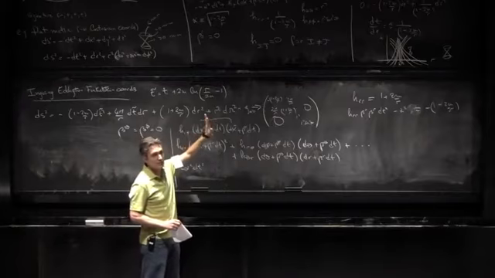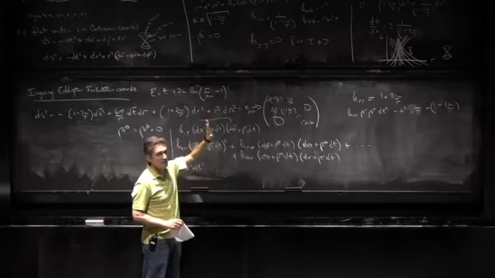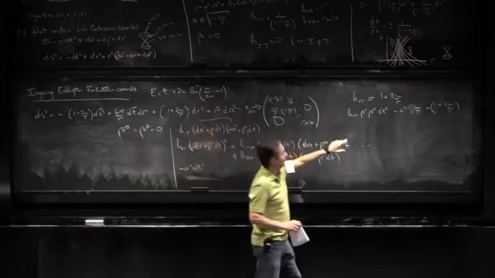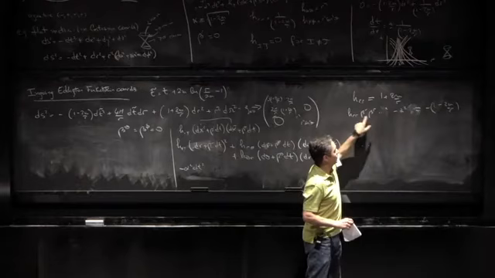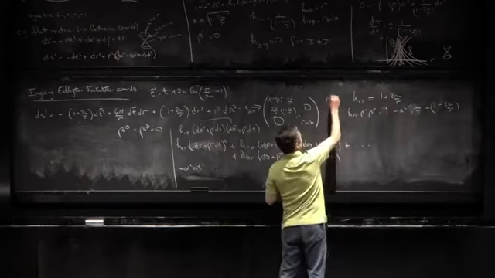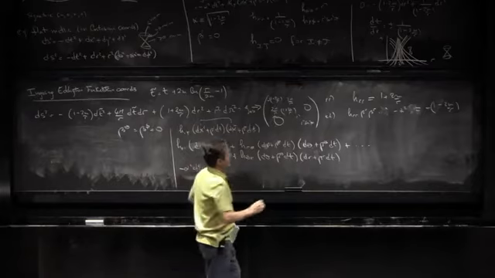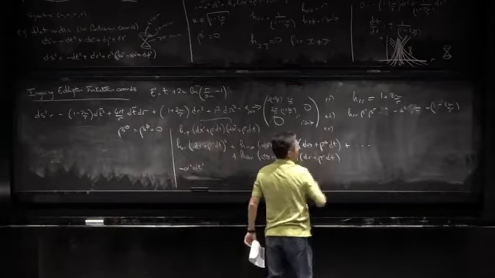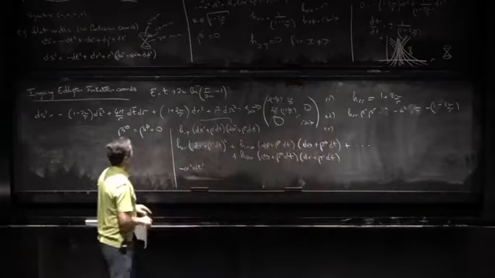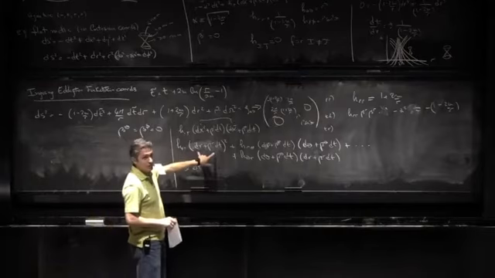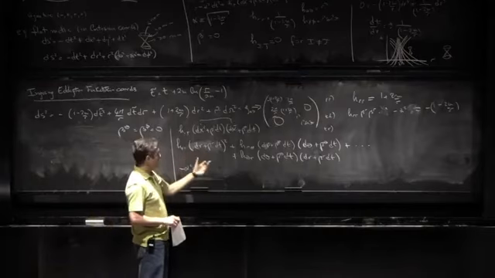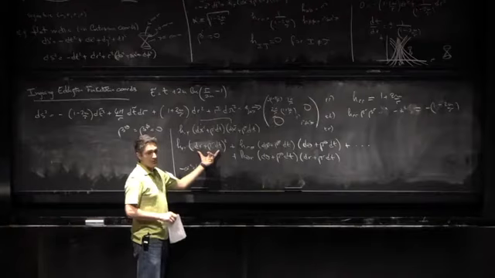You look very confused, so stop me if needed. Okay, sorry, I don't need it, because I'm matching: this is the rr component, this is the tt component. And now let me look at the tr component. From here, the only one that gives me a tr component is the square of this term.